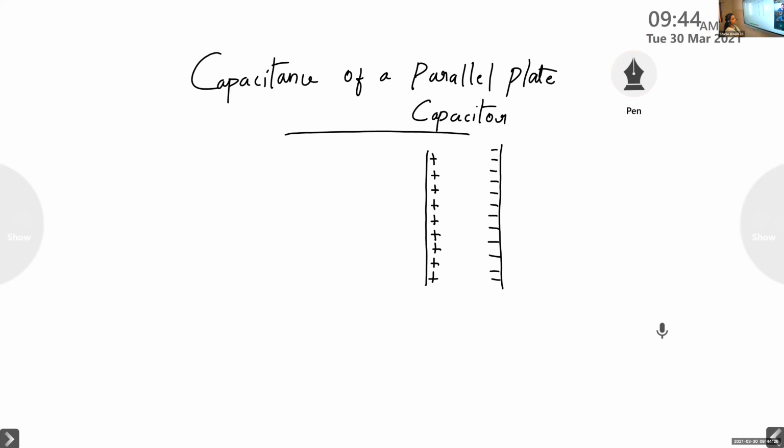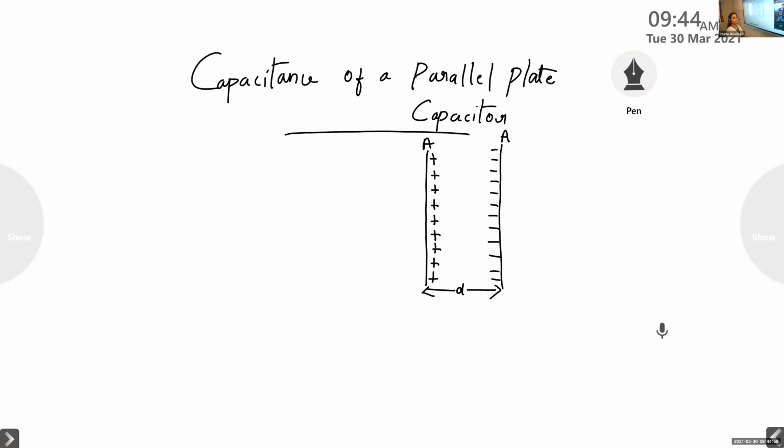In order to explain this, here we are considering a parallel plate capacitor. It consists of two conductors. One is a positively charged conductor and the other is a negatively charged conductor. Both these conductors have an area of cross section A and they are separated by a distance of D. We know that capacitors means two conductors separated by an insulator, and here in this case, the air is acting as an insulator.